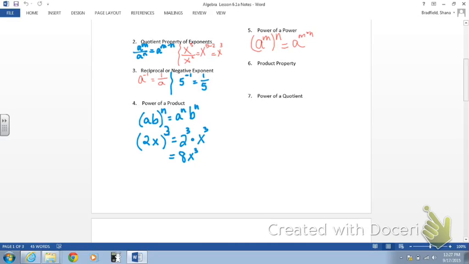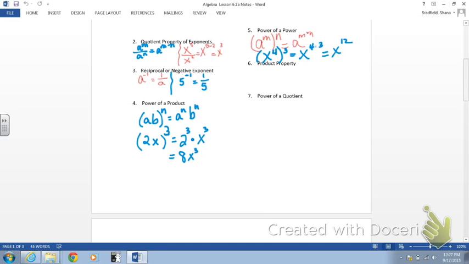So an example would be if I have x to the 4th to the 3rd power. That's going to be x to the 4 times 3, which is x to the 12th.